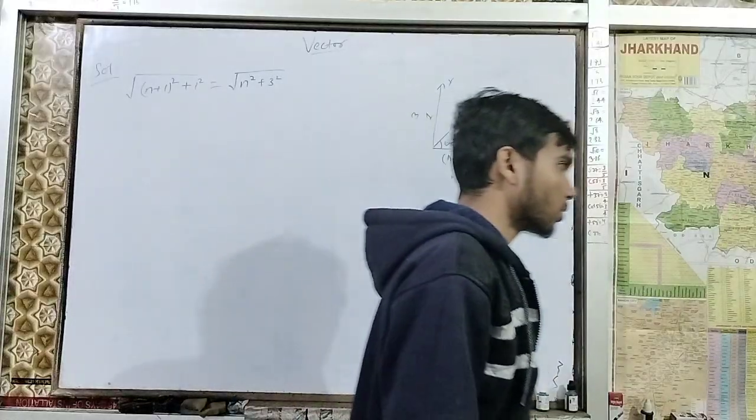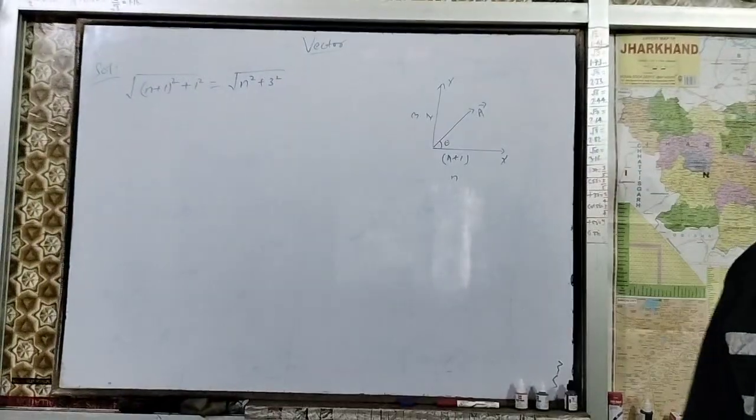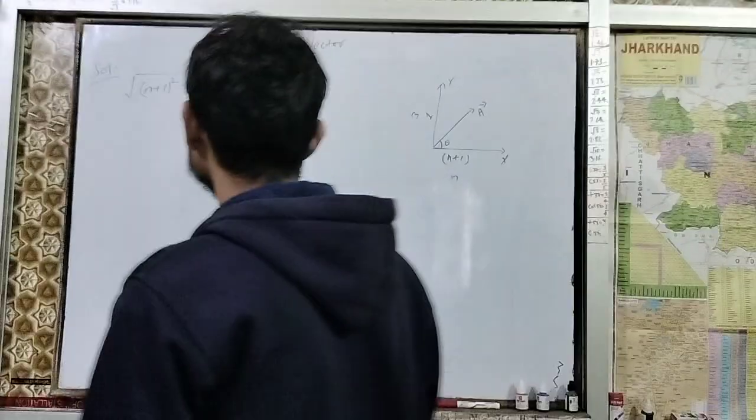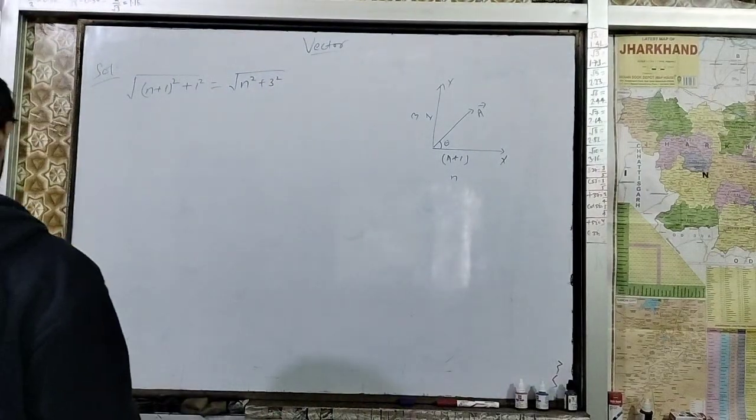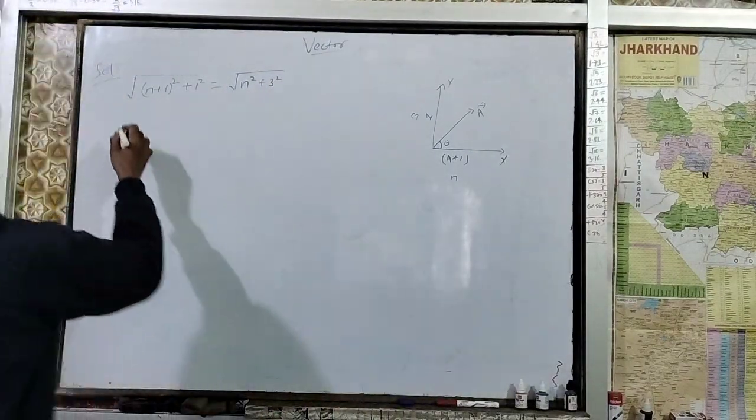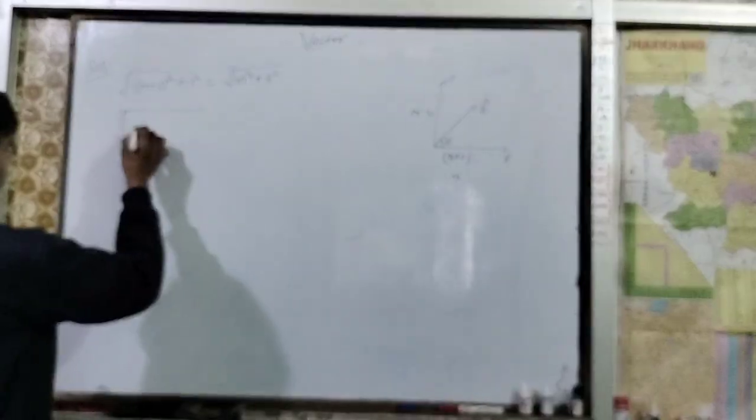We apply algebra to (n plus 1) squared. After simplifying, n squared plus 1 plus 2n plus 1 equals n squared plus 3 squared, and 3 squared is 9. The n squared terms will cancel each other.